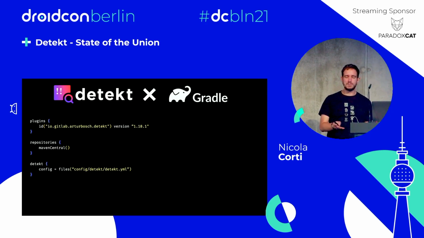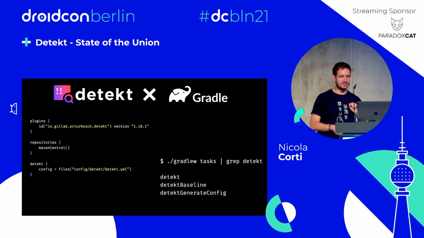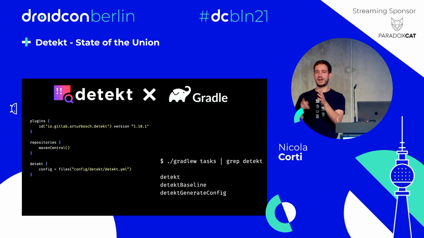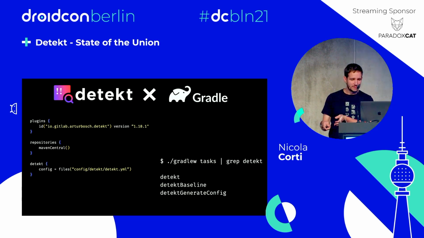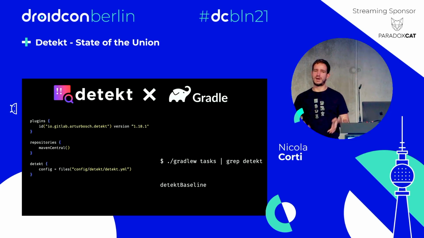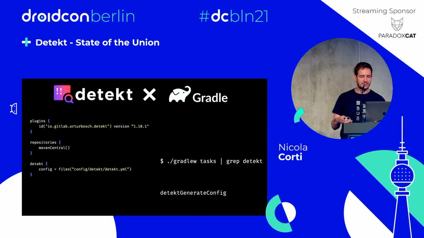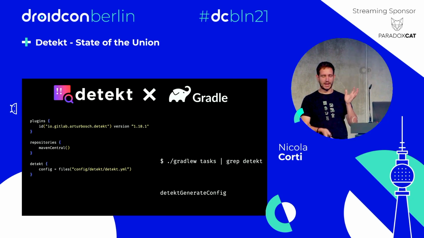In an empty project, if you run Gradle tasks and search for Detekt, you will find 3 tasks. Detekt, that will just run Detekt. Detekt baseline, that will create a baseline file. And Detekt generate config, that will create a blank configuration file for you.